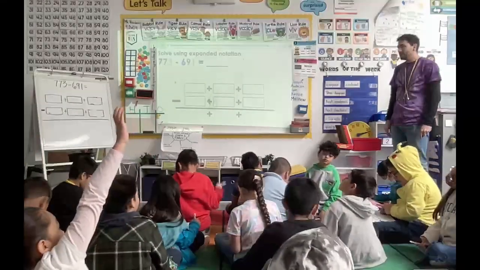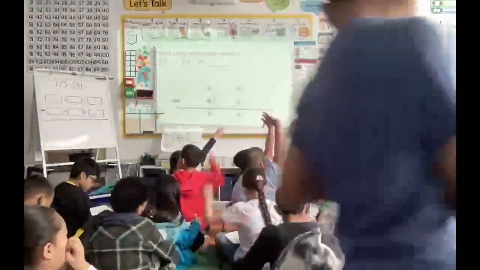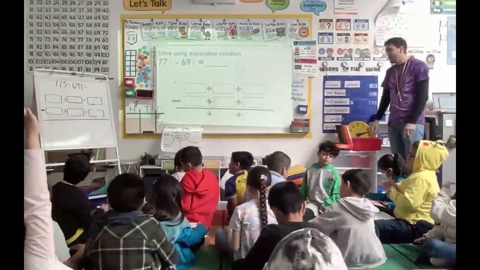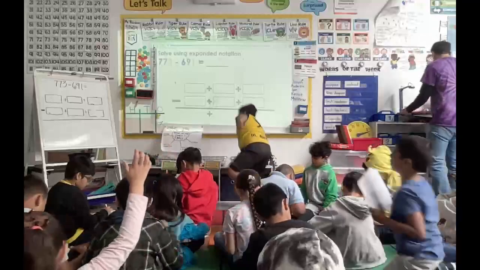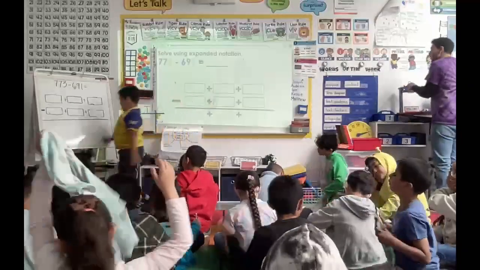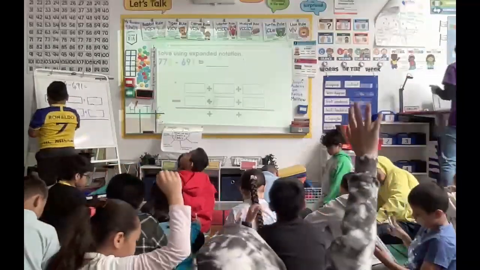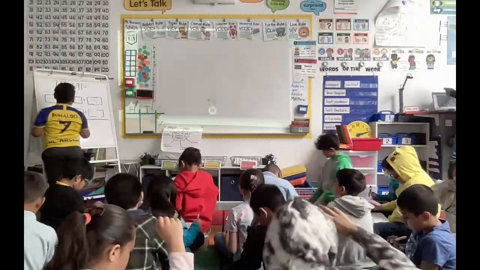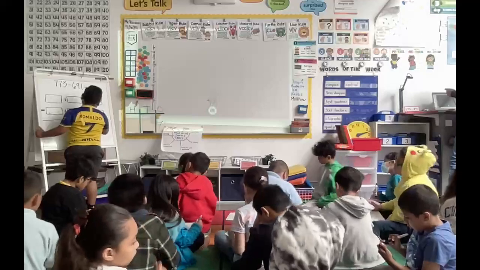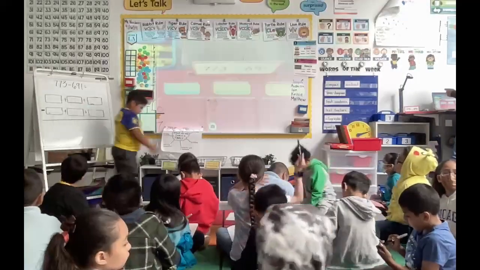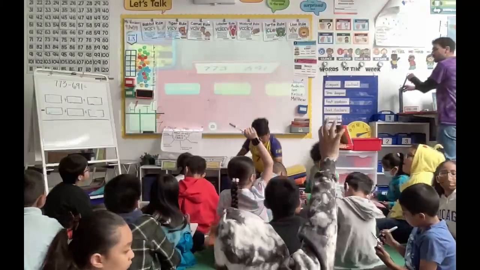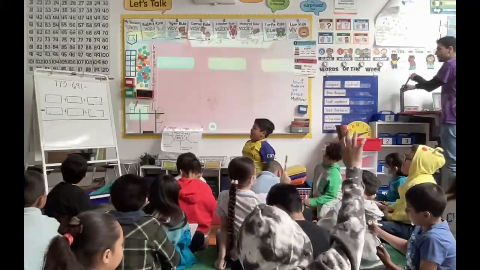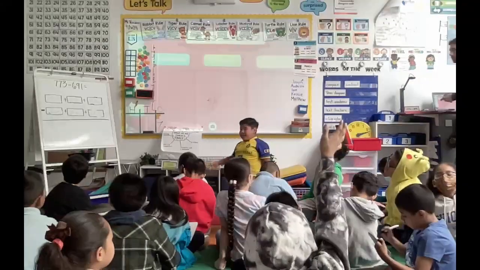Can I have another volunteer come up and expand the next one? Go ahead, Jonathan. Expand our other number underneath. Can you share what you expanded it to? 600 plus 90 plus 1.